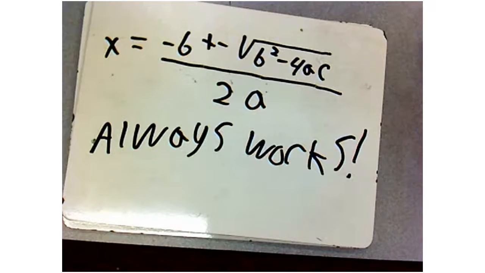The 2 can cancel with the 4 and the 6. 2 goes into 4 twice, 2 goes into 6 three times. So you can rewrite the whole thing as 2 plus or minus 3i. Hooray, no more fraction. One of your answers is 2 plus 3i, and the other answer is 2 minus 3i.